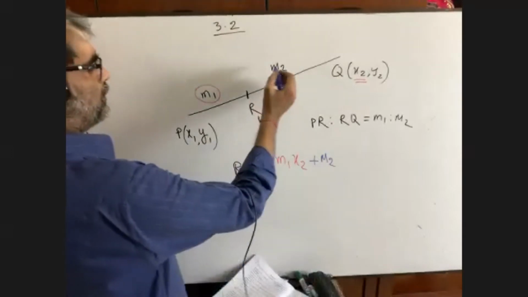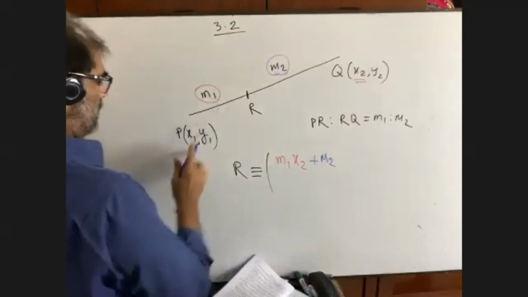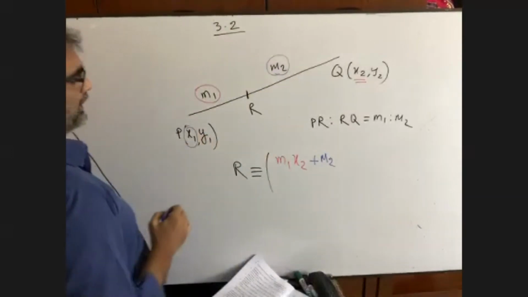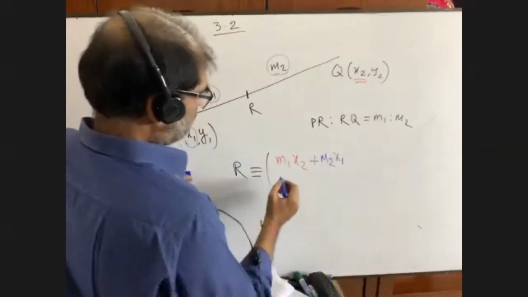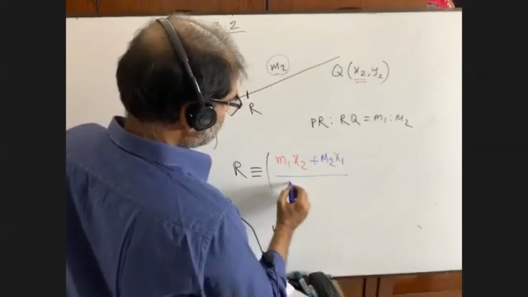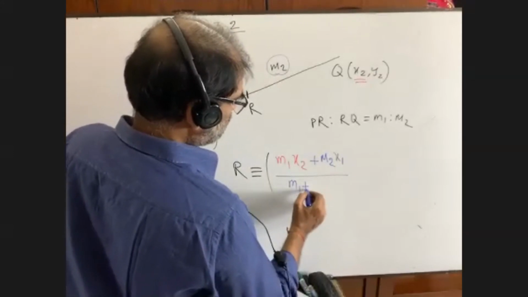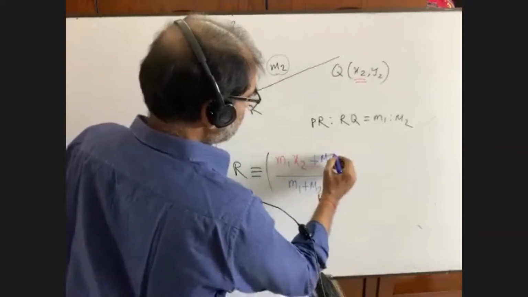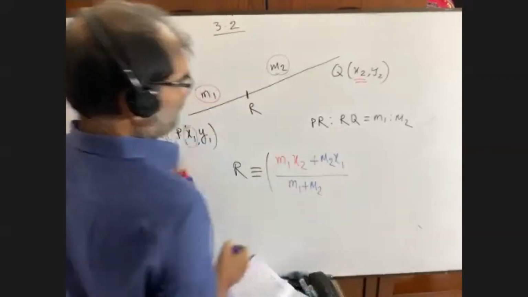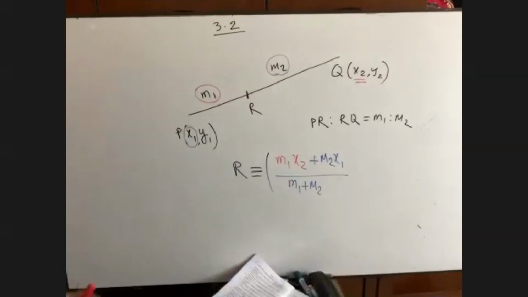When you write down M2, go here, vice versa, X1, by M1 plus M2. Okay, we have found only the abscissa, but we still have to find the ordinate.